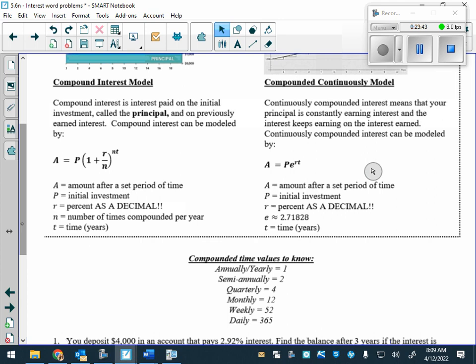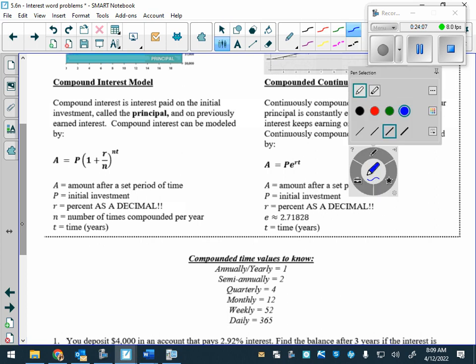But if you notice, the A, P, R, and T are the same as what we've been dealing with. A is your ending amount. P is your principal or your initial investment, so whatever you deposit, for example. R is your percent as a decimal.